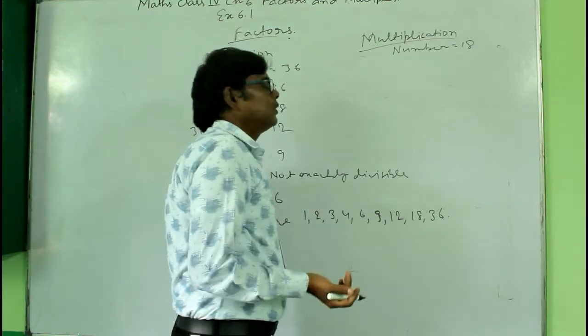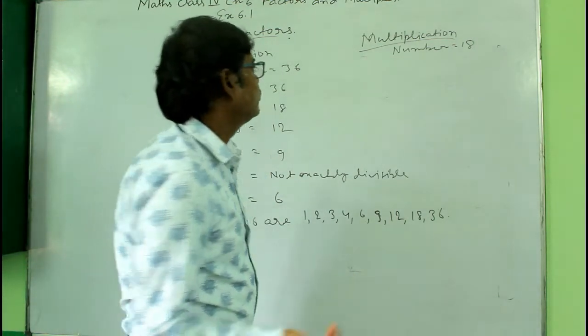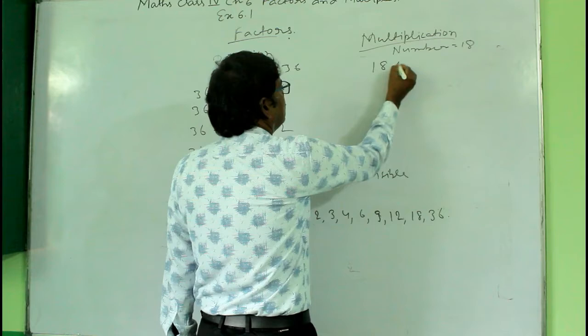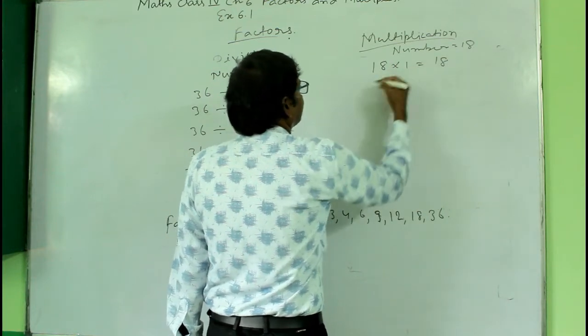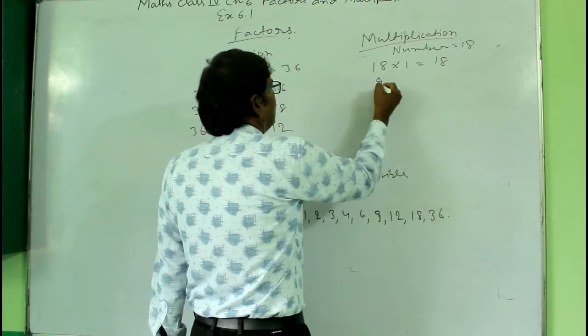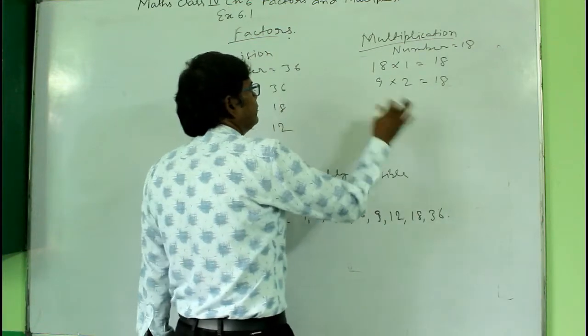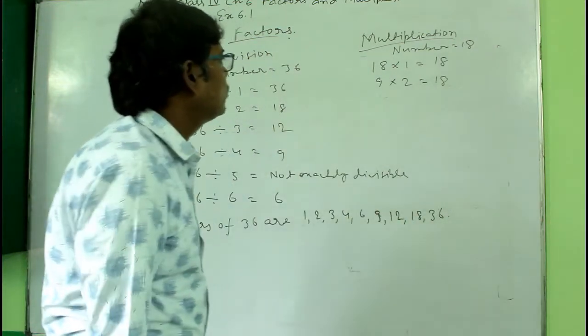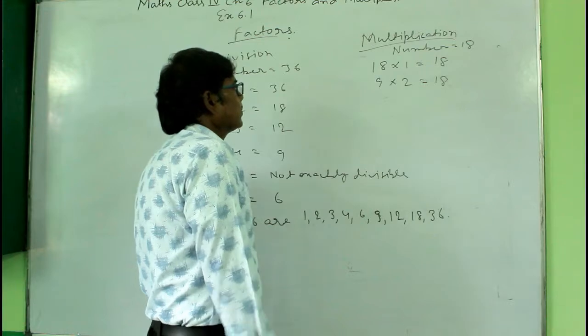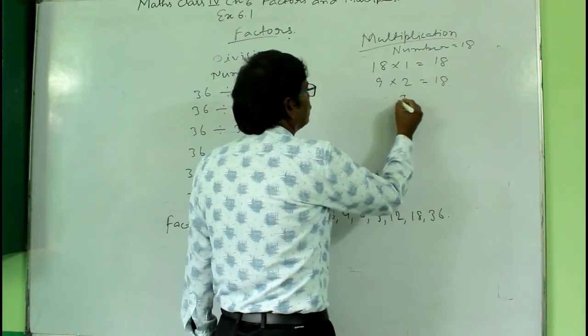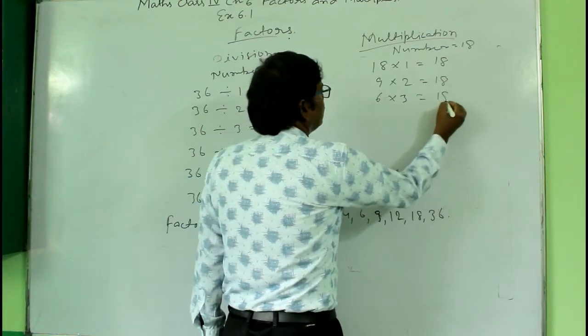You can write 18 into 1 equal to 18. Then 9 into 2 equal to 18. Then 3 into 6 equal to 18.